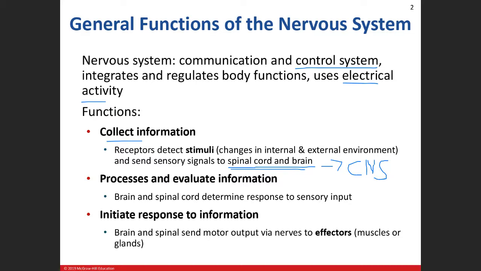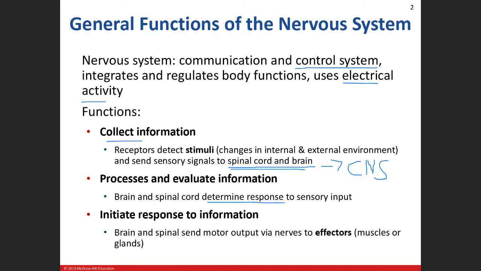So once we collect that information, we're going to process it and figure out what our response is going to be. We're going to determine how we will respond to that sensory input, because that is the information that we've collected. We refer to that as sensory input. And then the central nervous system is going to initiate a response.